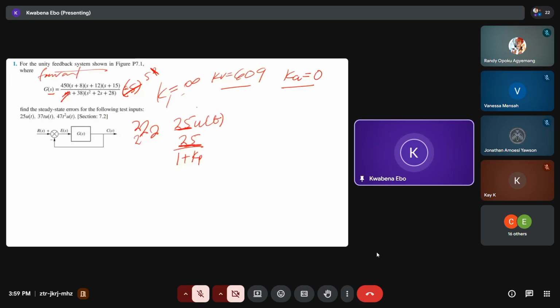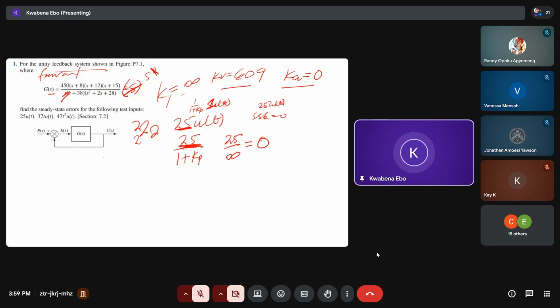In the slides, we see 1 over 1 plus Kp because we are always using a unit step response, so it's 1. But if the magnitude there is 25, that means here is 25. And then we'll get 25 over 1 plus infinity, which is the same as 25 over infinity. And then that will give us 0. So that means the steady state error for 25 u of t is 0.